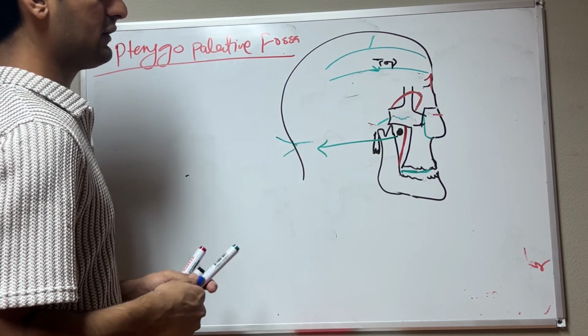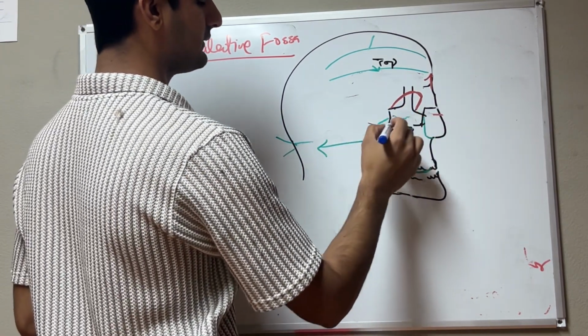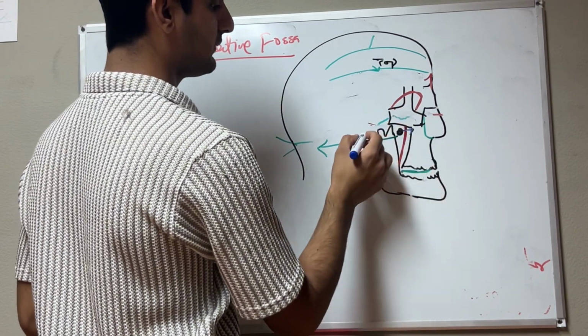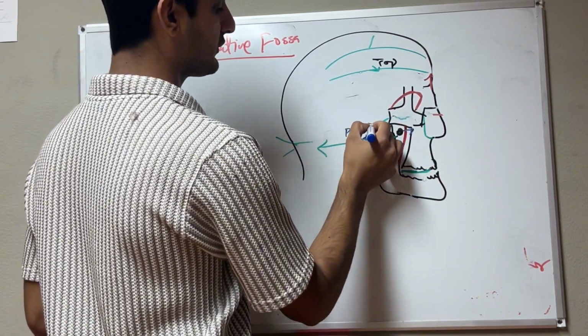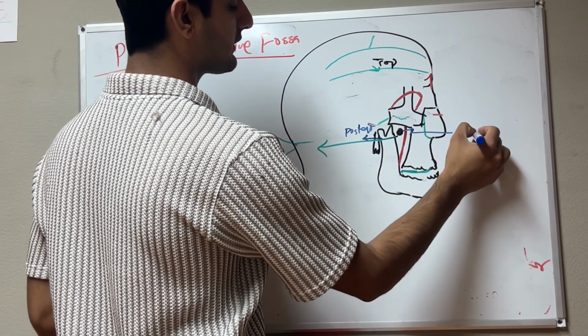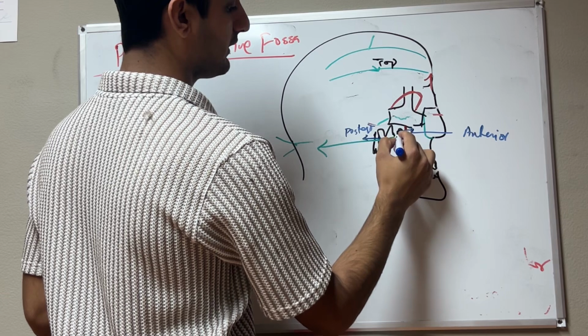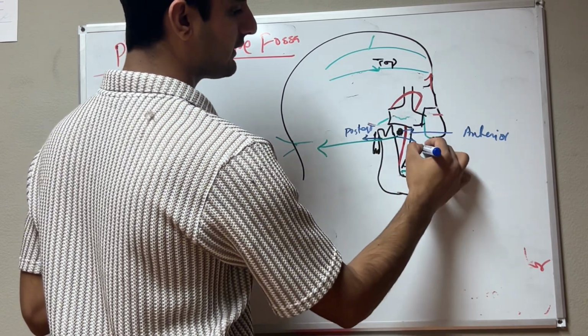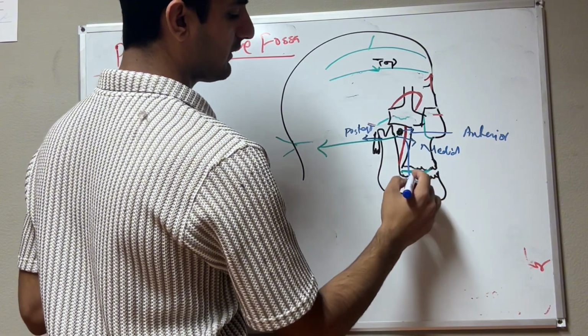Okay, they have boundaries. This one here is anterior, like here is the zygomatic bone. This is the posterior connection. This is the interior connection. They are in medially. Here is the medial connection.